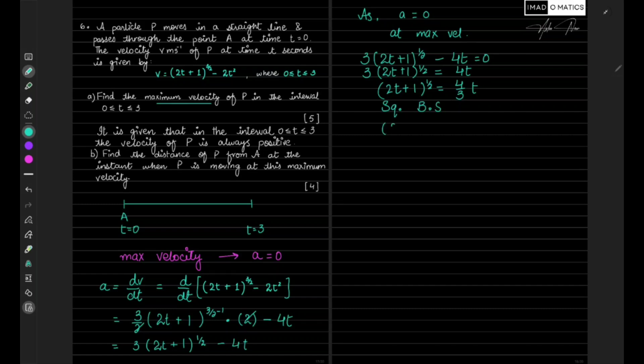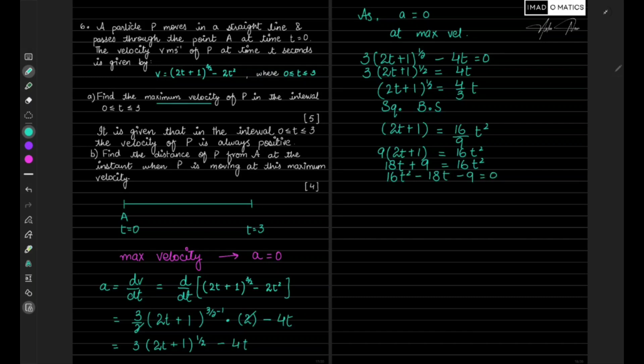It gives 2t plus 1 equals 16/9 t squared, so 9 times 2t plus 1 equals 16t squared. That gives 16t squared minus 18t minus 9 equals 0.